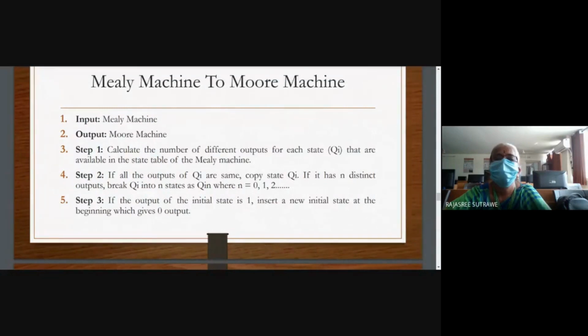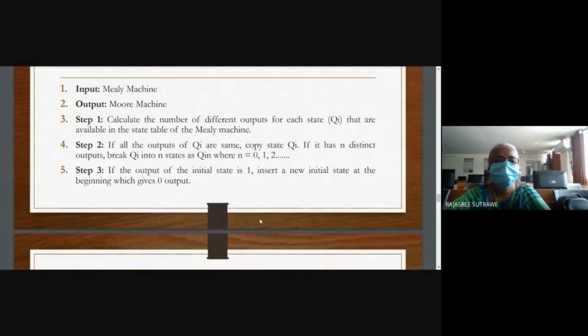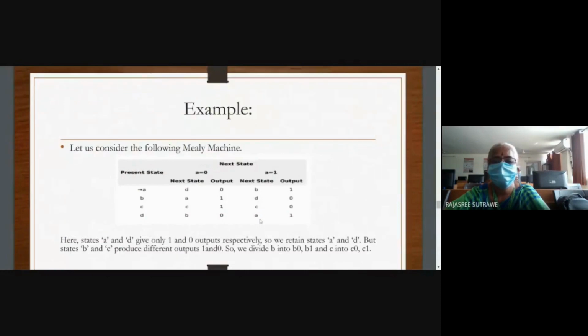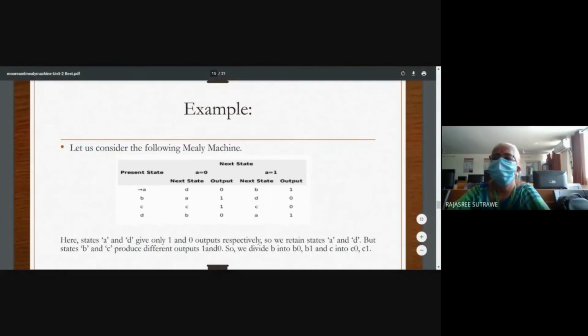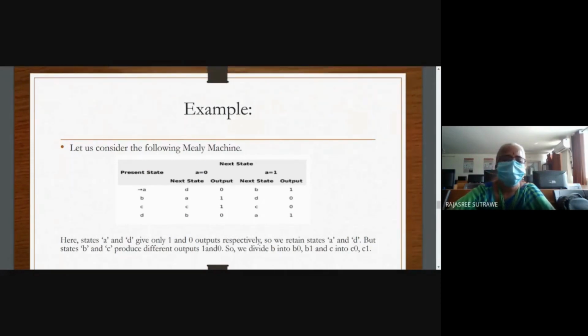We'll go for the example. With the example, you will understand easily. So now, what do we do here? See, if you see here, for C, for D we are having output 0.